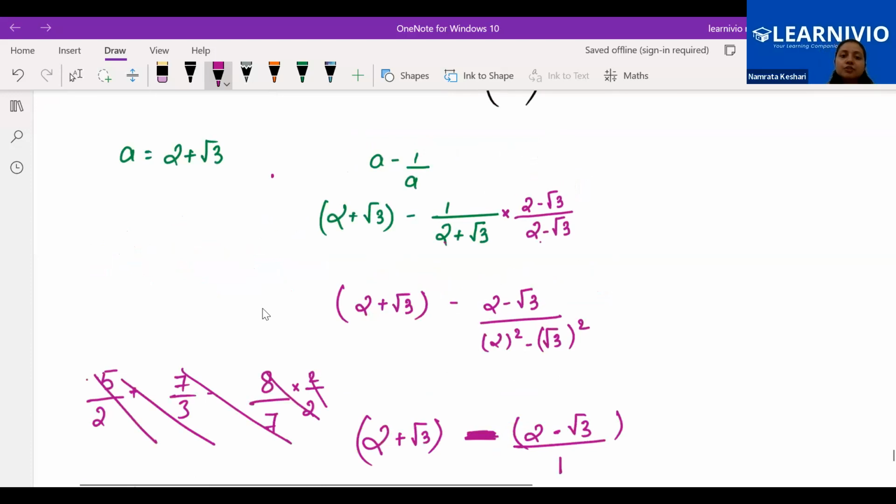Or the other way is first do the simplification. A minus 1 by a you are having, no? So 2 plus root 3 minus 1 by 2 plus root 3. Now take the LCM of both the terms. Who will say what will be the LCM?